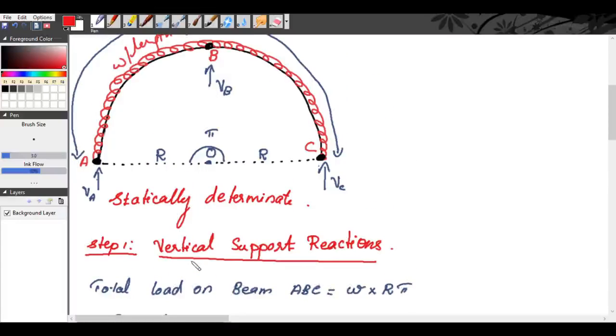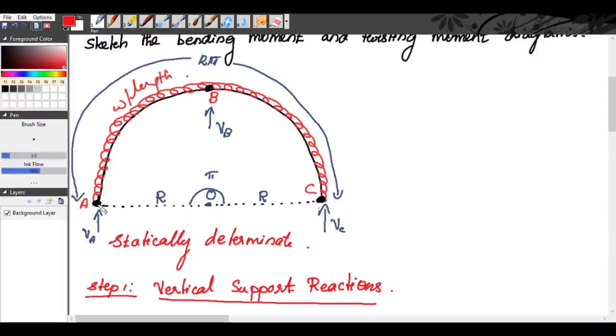Next, we have the load up to AB. So what is the distance AB? See, it is like this: this is O, A, B. If you draw a perpendicular line, this is 90 degrees. You have W per unit length.